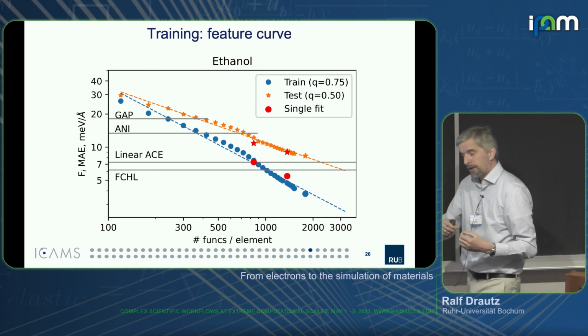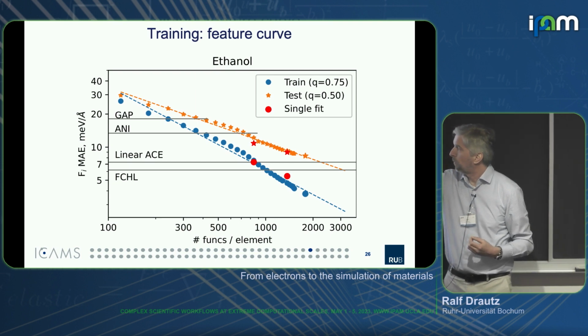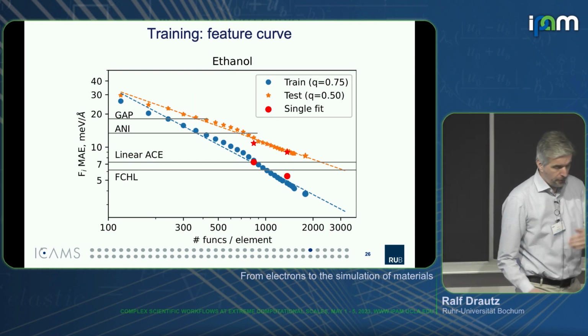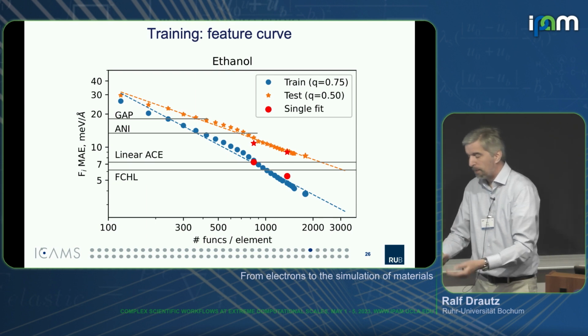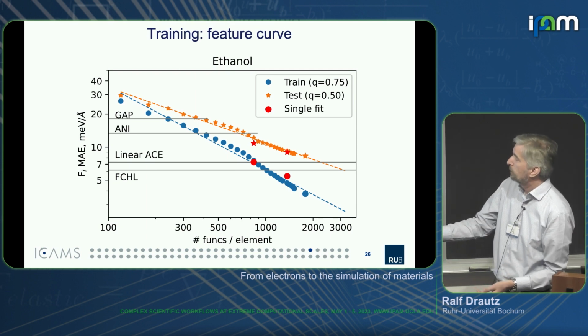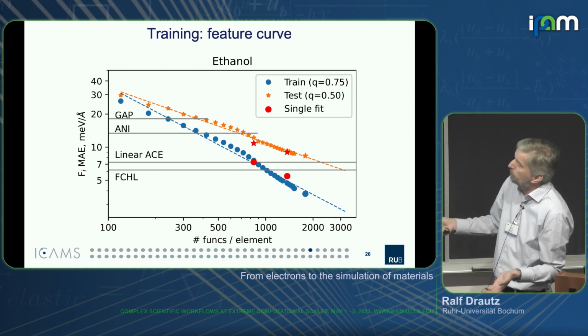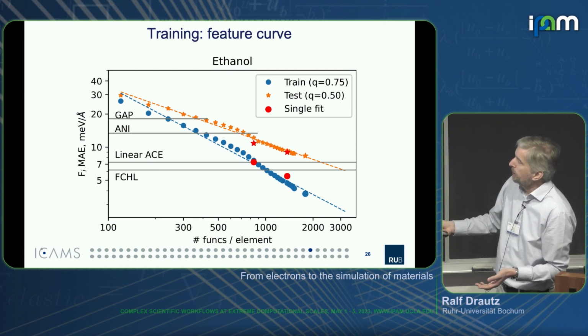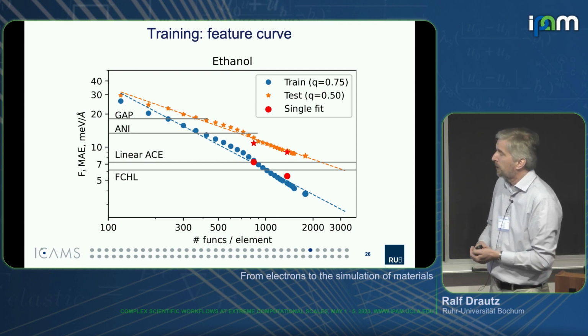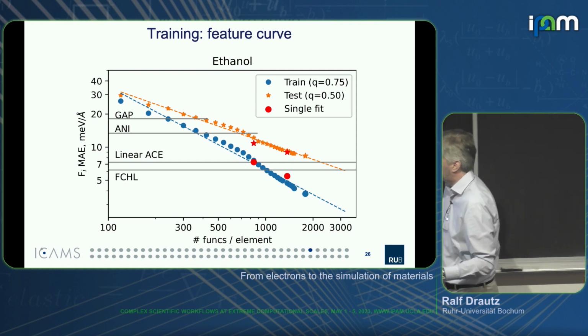So we get a one-dimensional ordering of our basis functions, and then we feed successively more basis functions into the fit. Of course, the more basis functions we have, the smaller the error gets, and we get a nice algebraic decay, and that's how typically the fit proceeds.